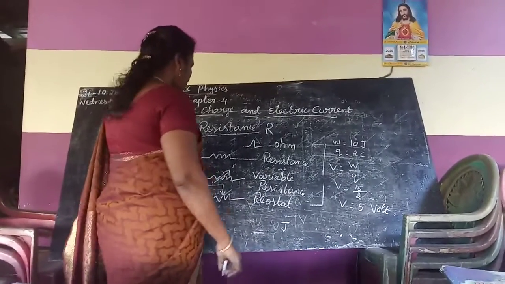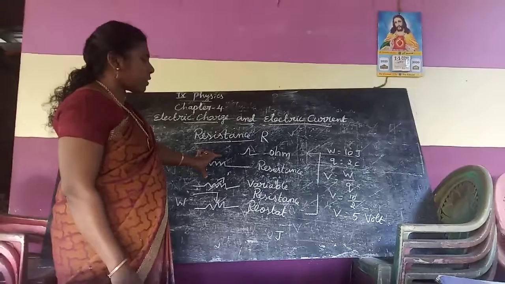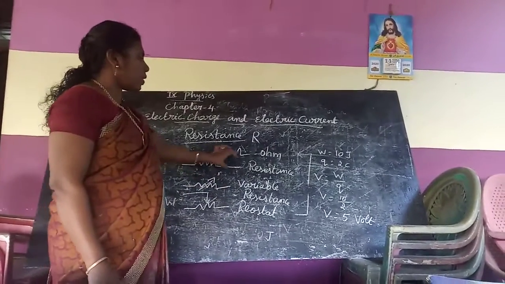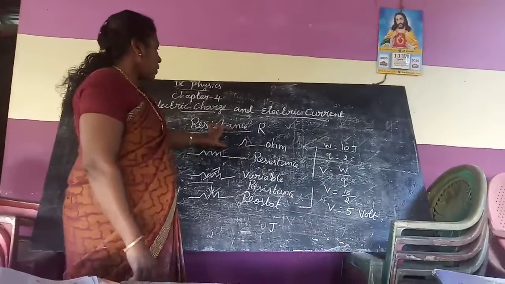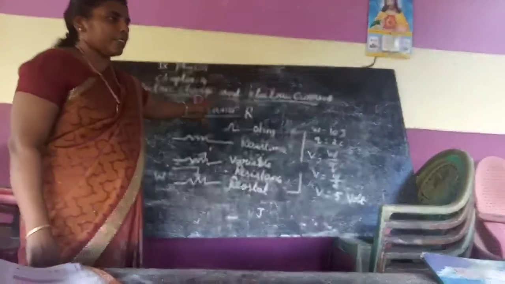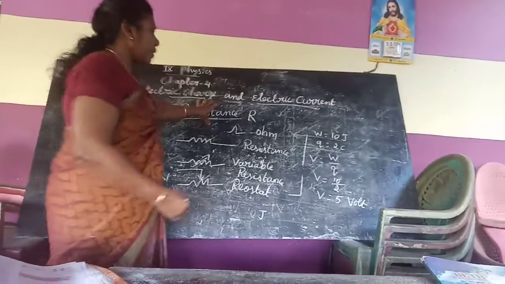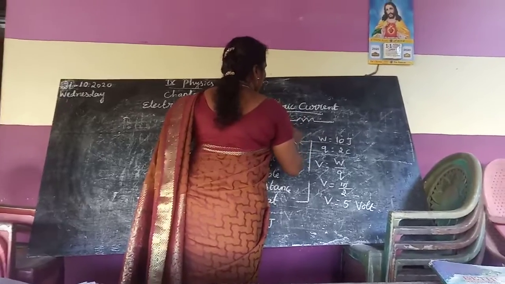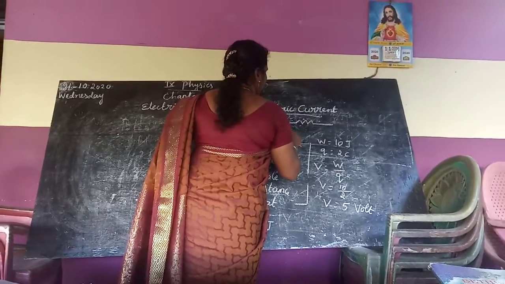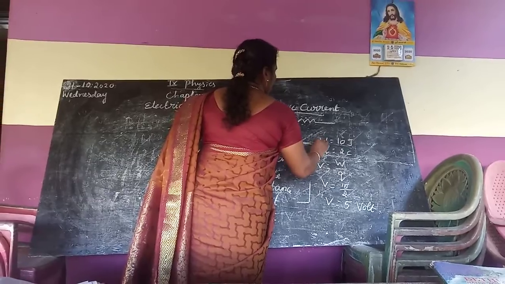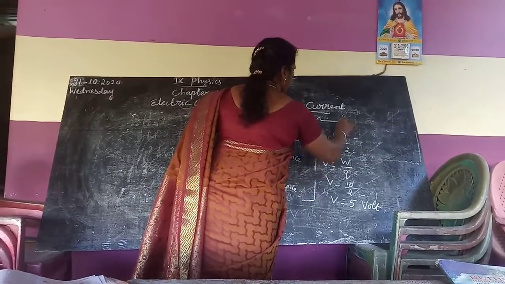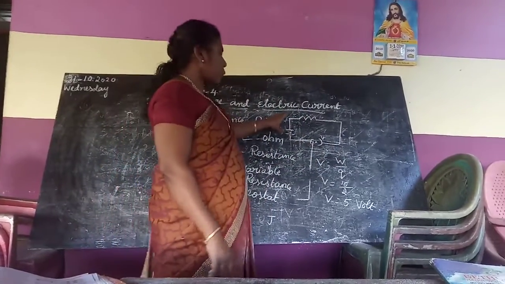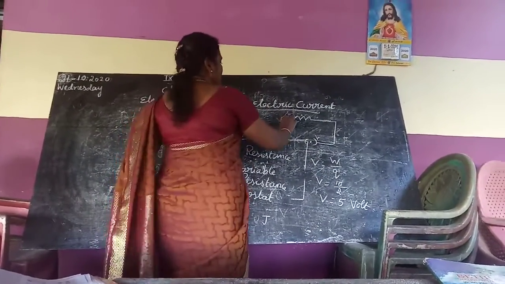So like that, resistance is denoted by the letter R, and the unit is ohm. What is the definition of resistance? See, in a circuit we can draw the resistance, the battery, the switch. Now the circuit is closed, and from the positive terminal the current passes.